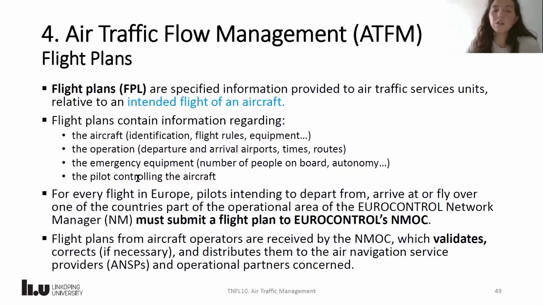How much fuel does this aircraft have? How long can they fly if they have any issues? And also we have information about the crew, so the name of the pilot and the certification, etc. So basically all the information that the air traffic services need to allow this aircraft to fly.